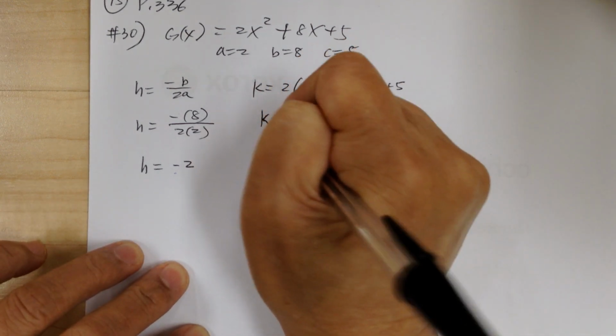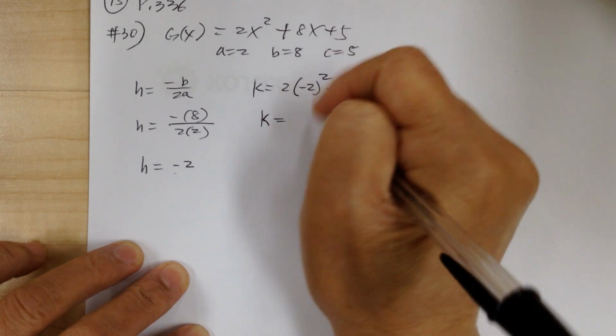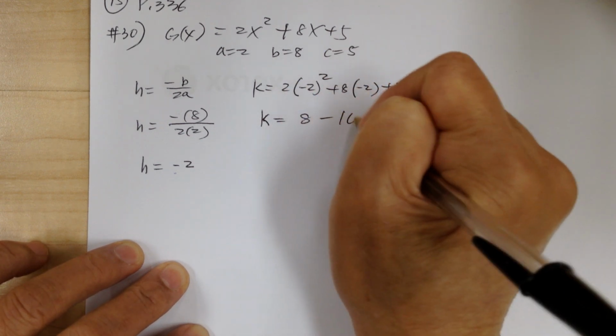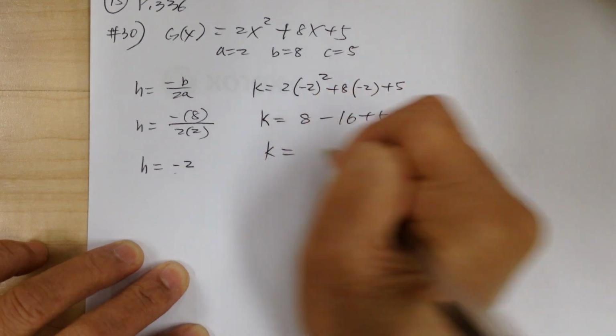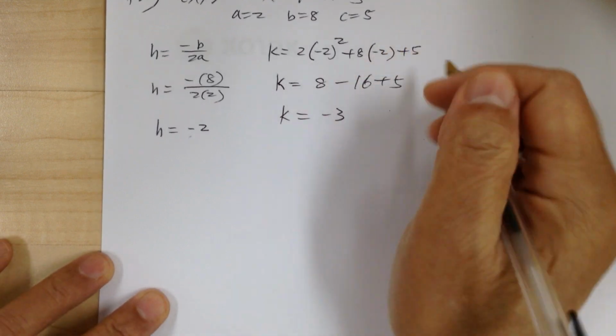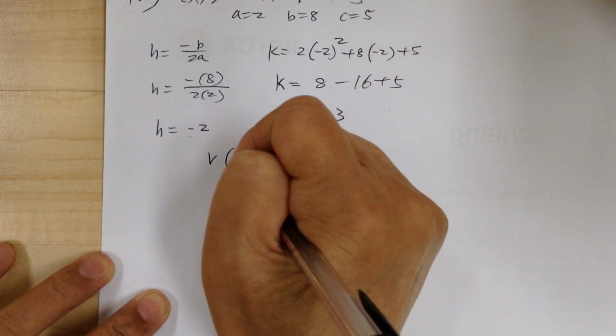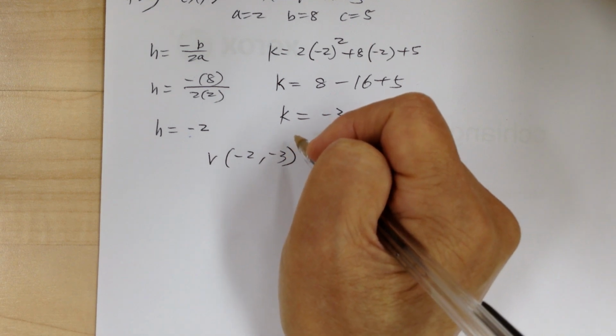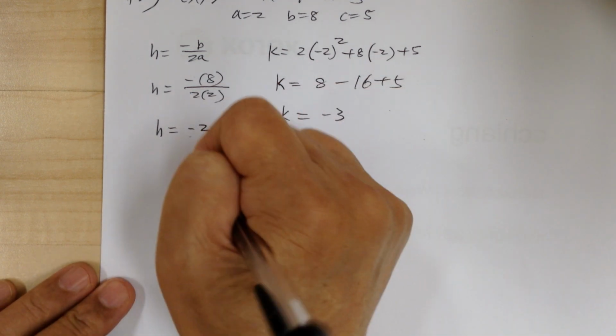Negative 2 squared is 4, times 2 is 8, minus 16 plus 5. So k will equal negative 3. So your vertex is going to be at negative 2, negative 3. That answers the first question.